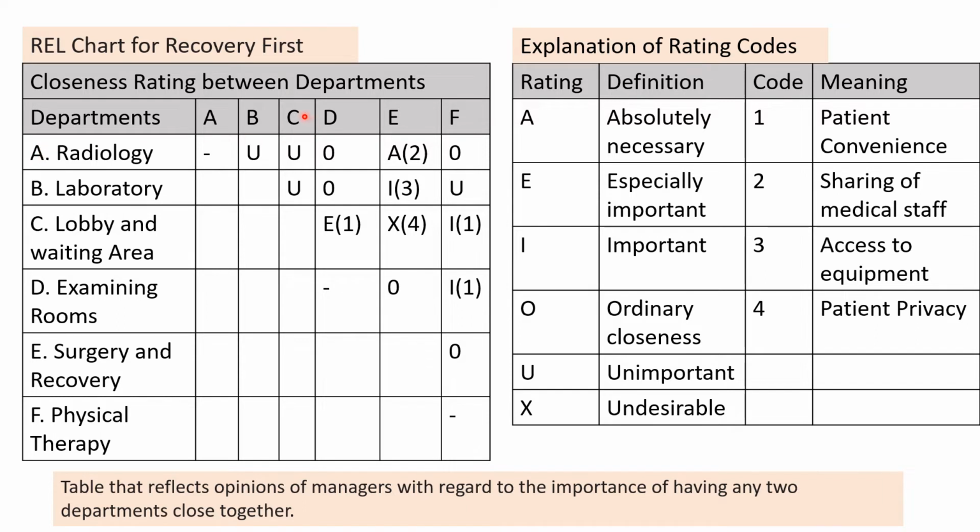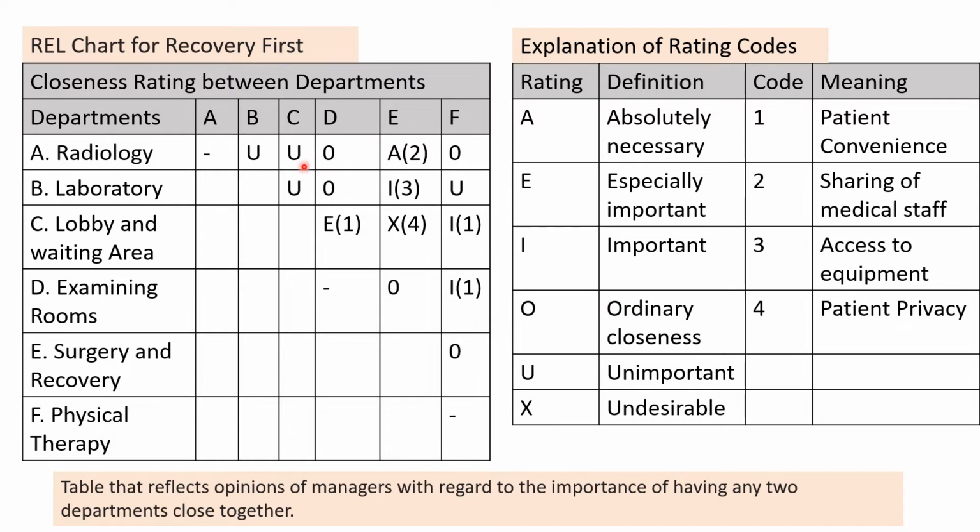A with C is the same. C means lobby and waiting area, and B means laboratory. Okay, let's move to radiology with D, that is the examining room, with ordinary closeness.